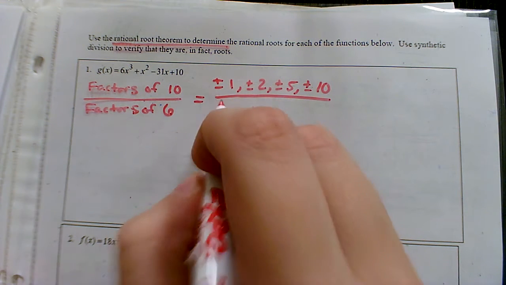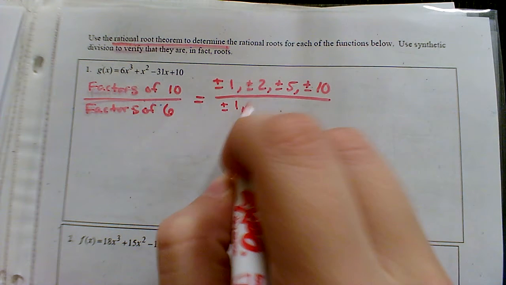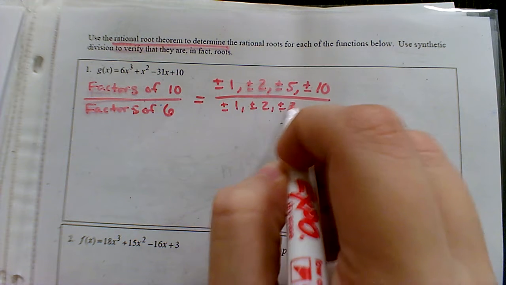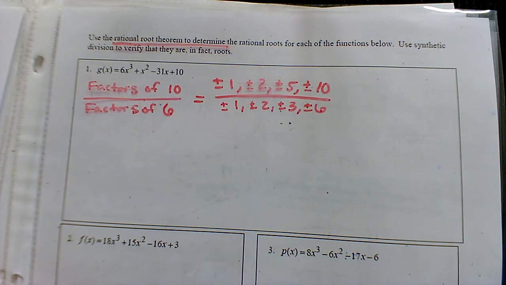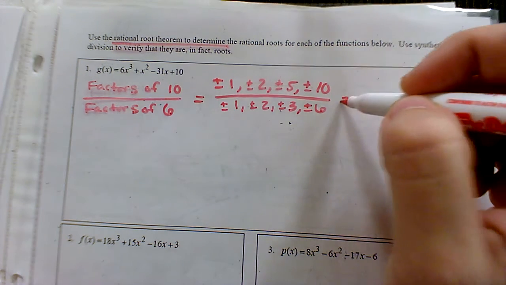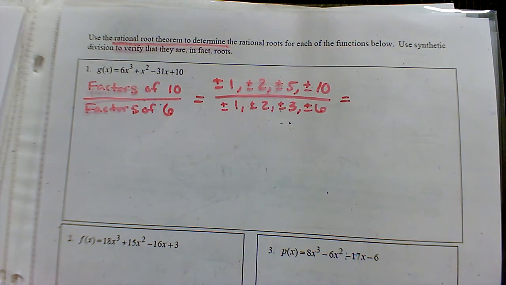Factors of 6, I think we've already done this in previous ones. We had 1, 2, 3, and 6. All right, so based off those factors, we're going to divide all the possibilities.